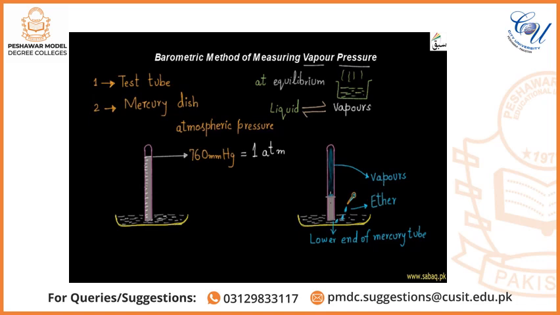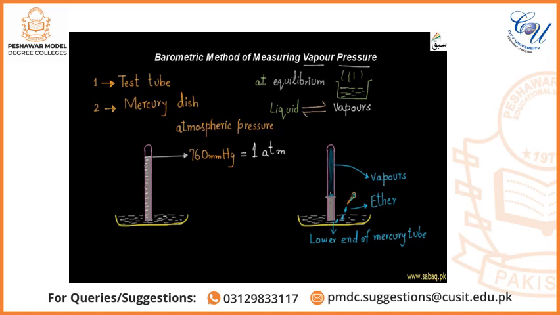Dear students, a liquid is taken in a dropper and then it is put at the lower end of the 100 centimeter long glass tube. The liquid will come to the surface of the mercury in the tube due to its lower density than the mercury.